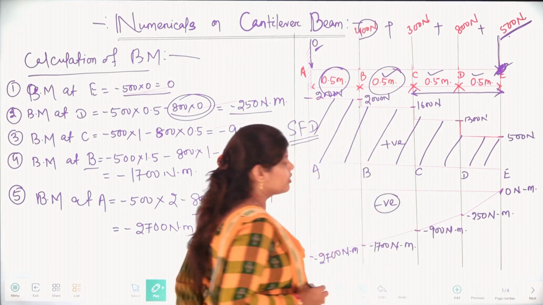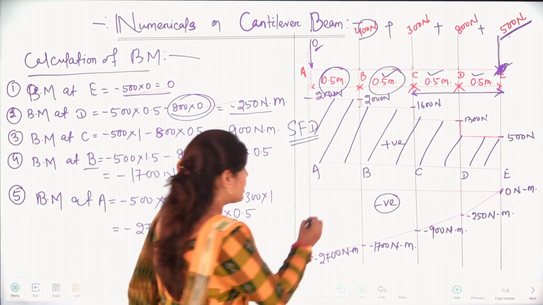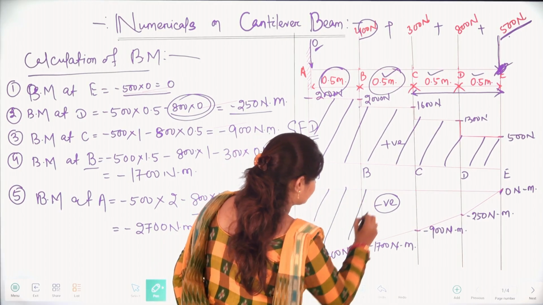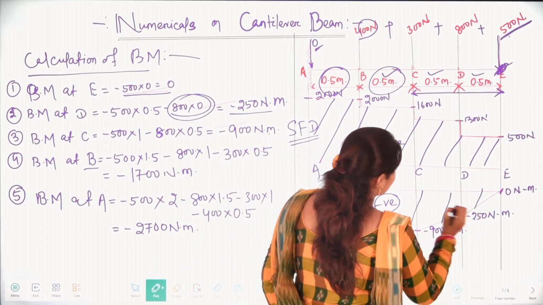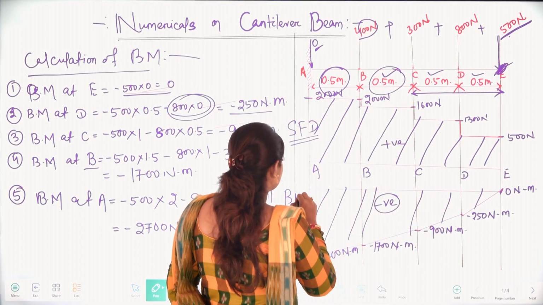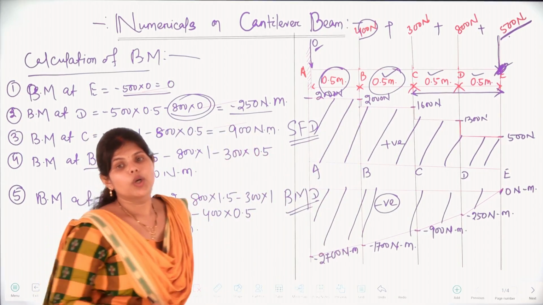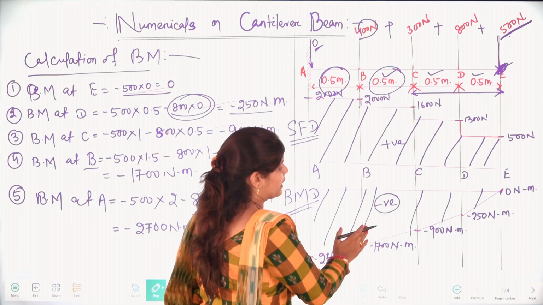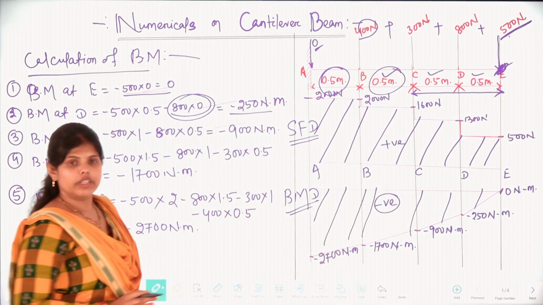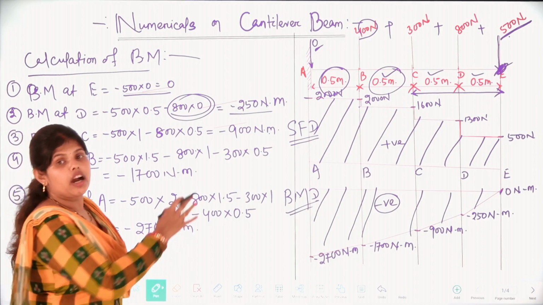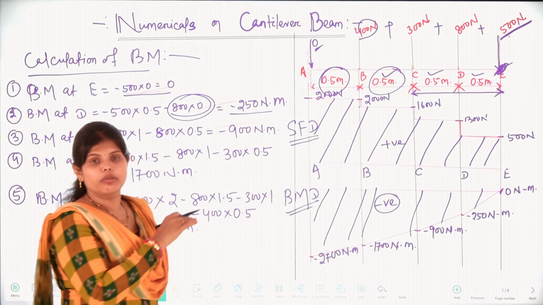We are having the bending moment diagram in negative direction. You can easily remember that whenever we are having the load in downward direction, we will have the bending moment diagram negative, right? In case if we have the moment, then the diagram will change.